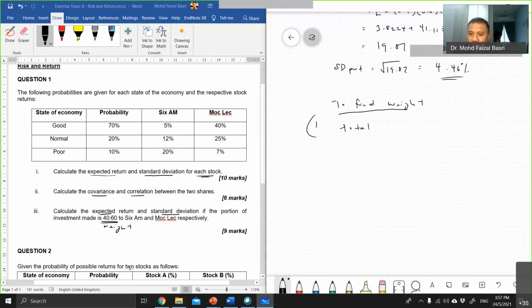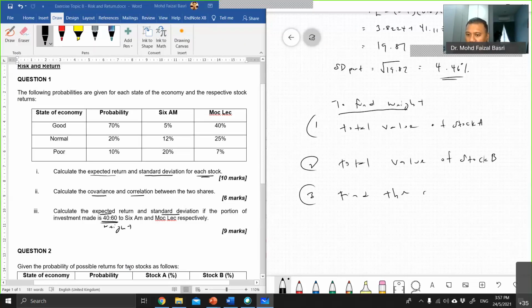total value of stock A. Okay, total value of stock A. Second step, find the total value of stock B. Step 3, find combined value.